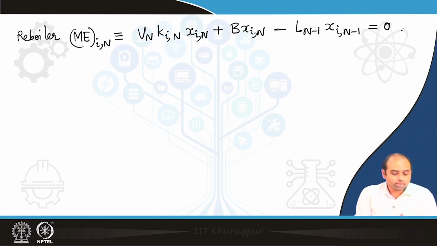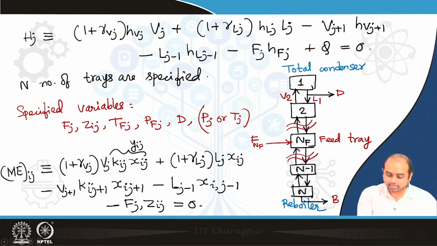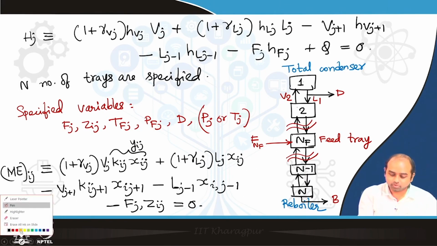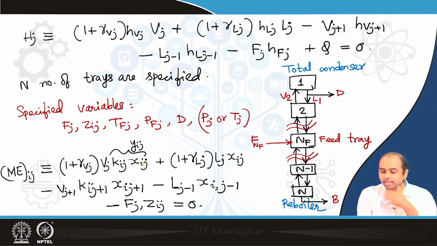So now in all the equations, if you look carefully, particularly the ME equation, you will see that you are having terms of Xij, Xij plus 1 and Xij minus 1, and of course Zij.